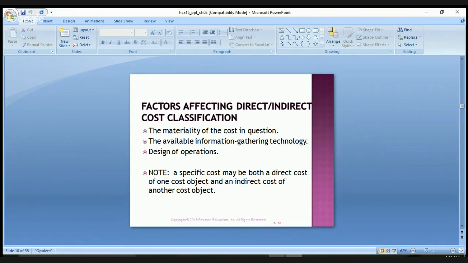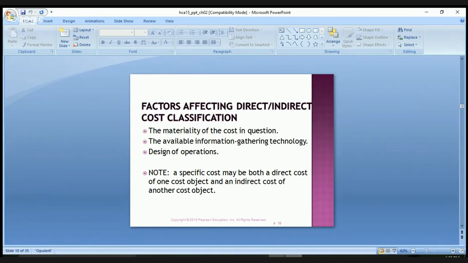But if you're talking about a mom and pop store that's building something small, it's not going to be cost effective. Exactly. Okay, and design of operations. The more detailed the design, the better they're going to be able to keep track of things.